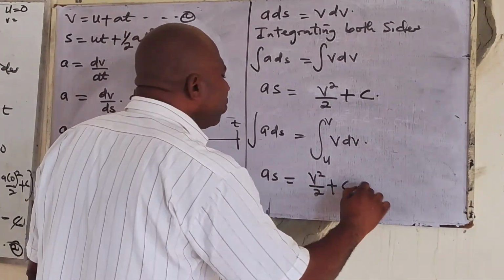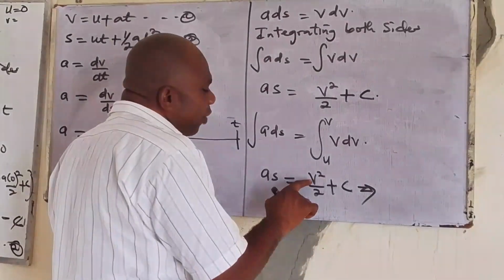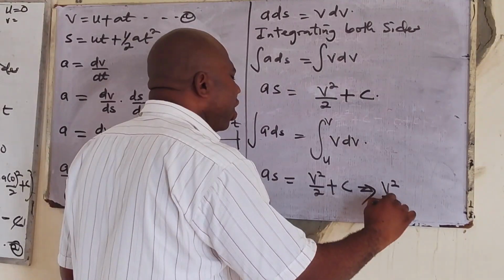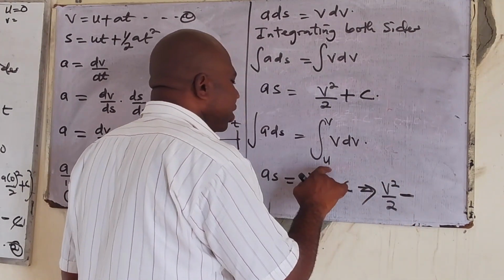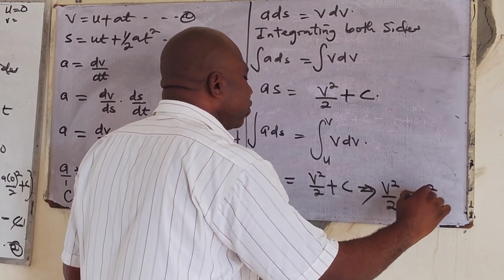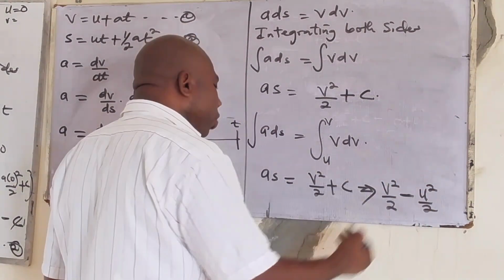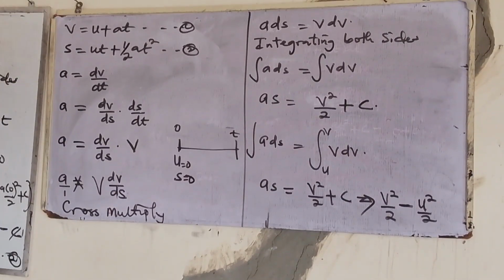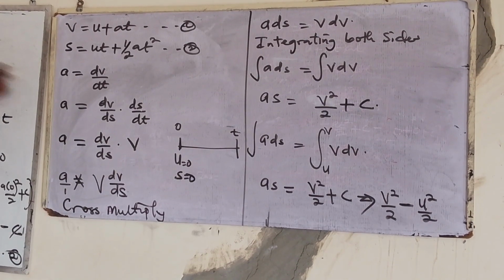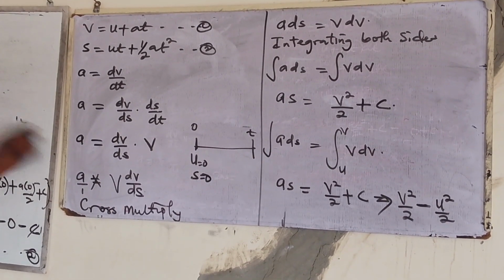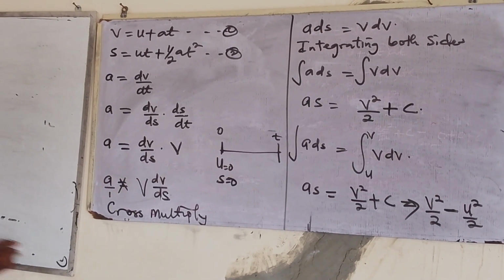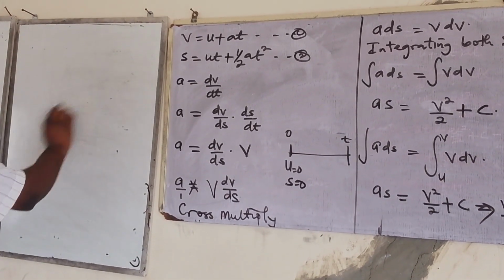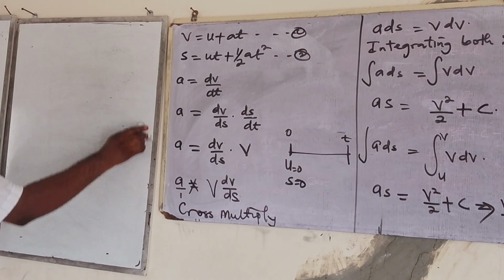Putting in v, we have v squared all over 2, minus u squared all over 2. The c will go. So what we'll have is v squared minus u squared all over 2.